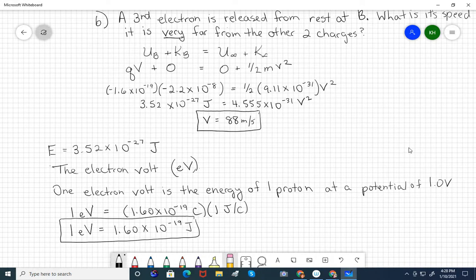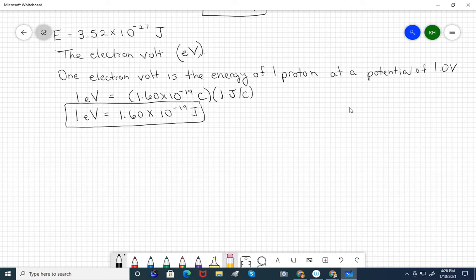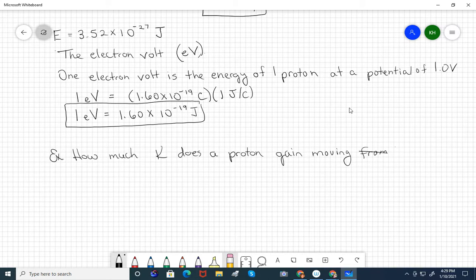But if I just want to know how much energy, how much kinetic energy does a proton gain moving through a potential difference of 1,000 volts?